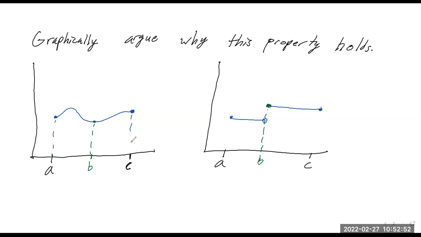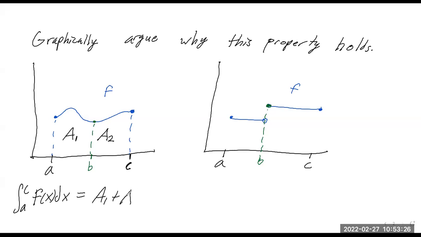And remember what the integral means. If I call the area of this region between a and b underneath the function f, a1, and I call the area underneath f between b and c as a2, then the integral of this function f is the same thing as a1 plus a2.